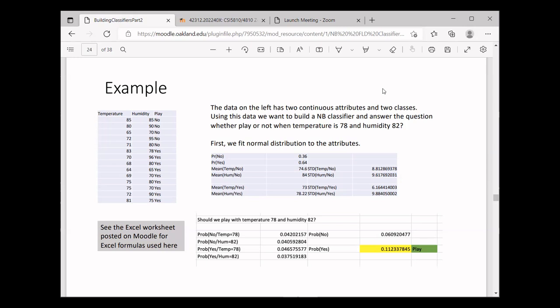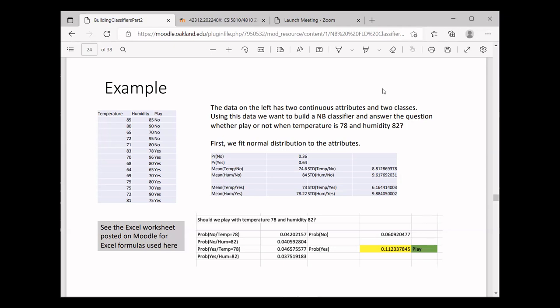Now we take the mean value of temperature when we are talking of category no. So if you just take all the readings that belong to label no and calculate the mean of temperature, that turns out to be 74.6. Similar mean value for the other category is 73. If you calculate the standard deviation for temperature for the first category no, that is 8.81, and for the second category it is 6.16.